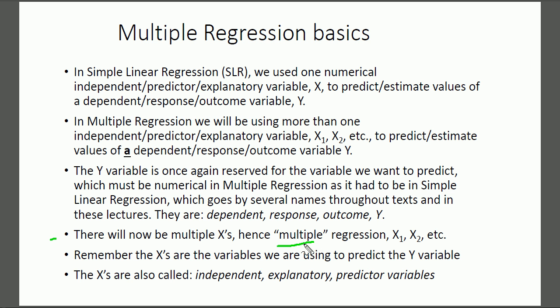Remember, the x variables are the ones we want to use to predict the y variable, the same concept as in simple linear regression. The x's go by these names as well. I'm going to use these different terms throughout our lecture, so just be comfortable with them interchanged.